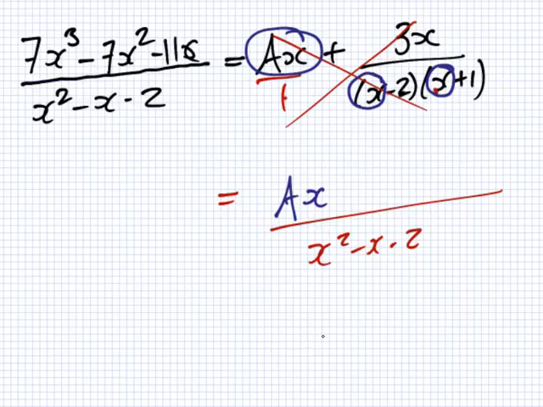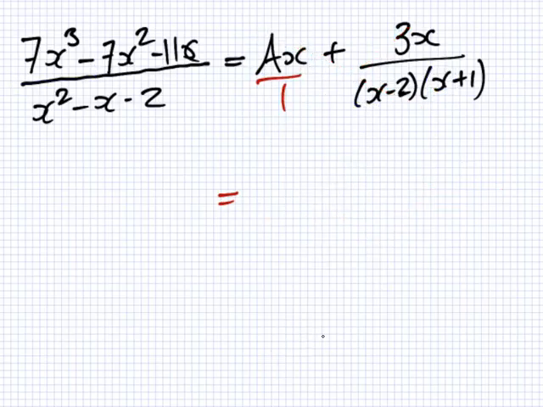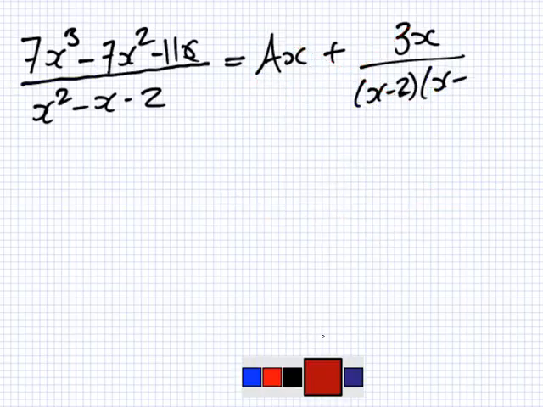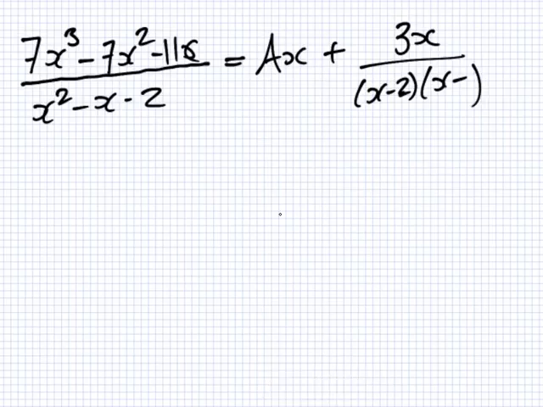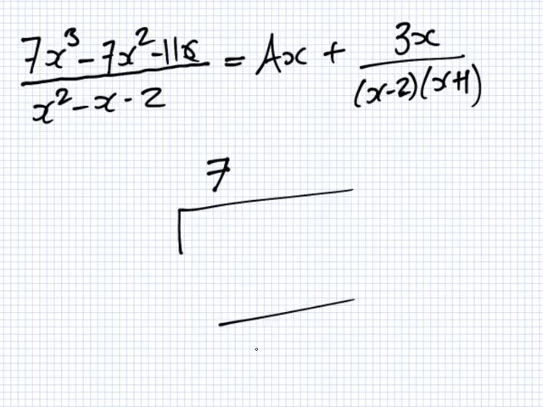A lot of students do the long division. I think when people divided, they ended up with a 7 on the top. The remainder was x squared minus x minus 2, was it? Or no? 7x.